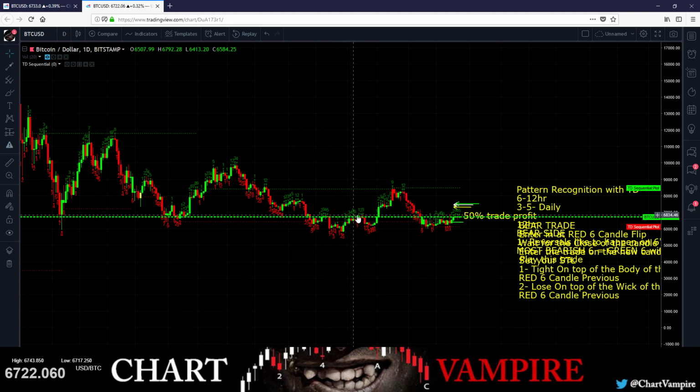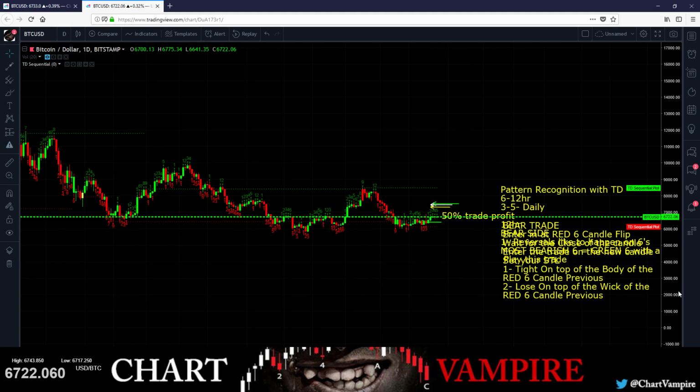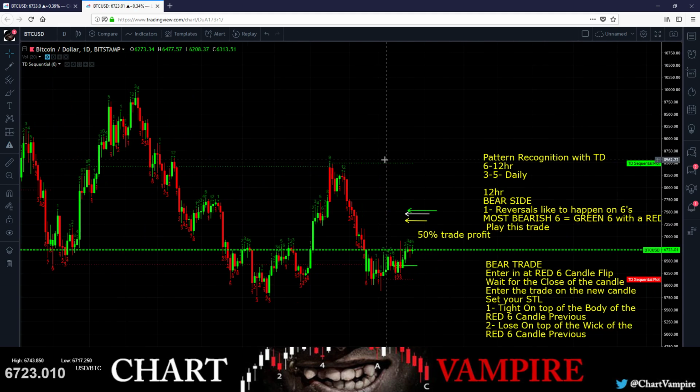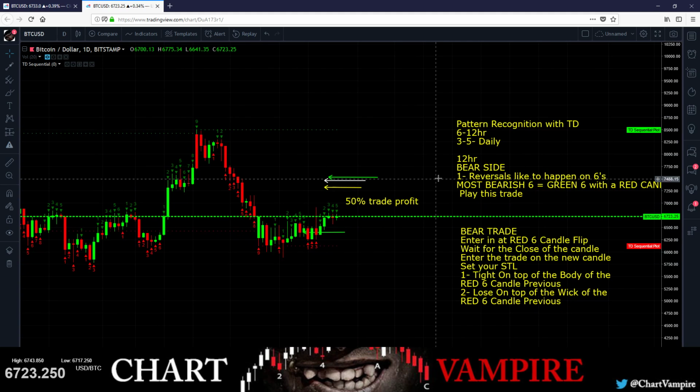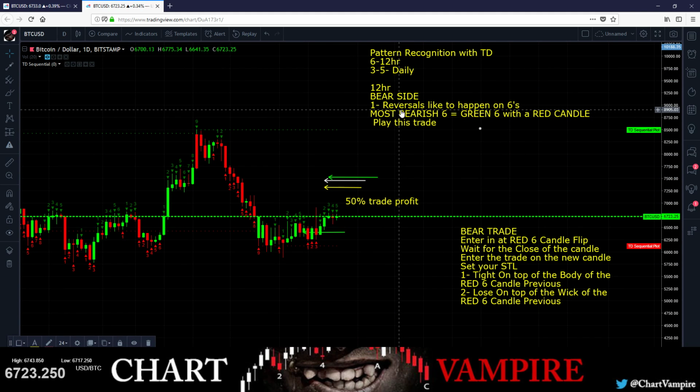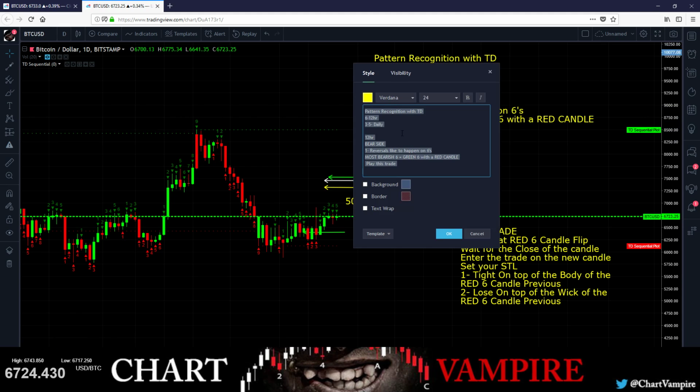Pivoted on the 5. Pivoted on the 3. Pivoted on the 5. So you can go through and you can see you get the same pattern that plays out on the daily. This one plays out on the 3s and the 5s.